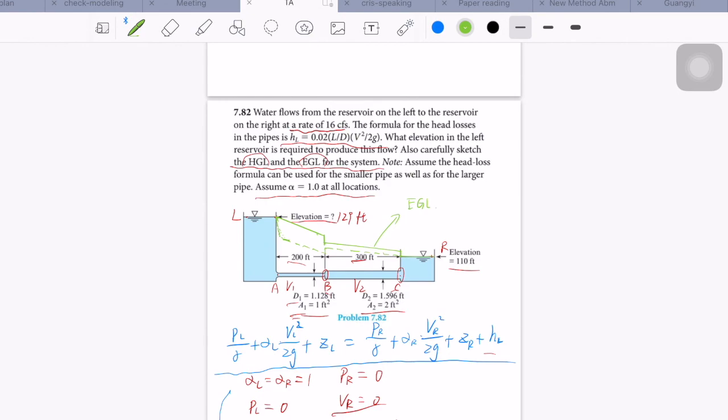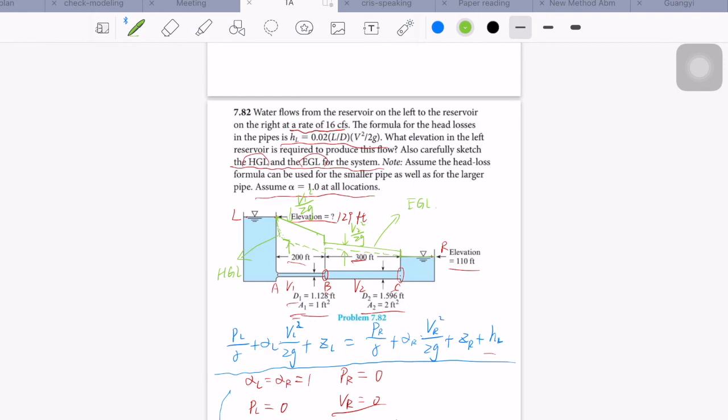So the green dashed line is the HGL, and the distance between the HGL and the EGL from point A to B is V1 square over 2g, and the distance between the EGL and the HGL from B to C is V2 square over 2g.